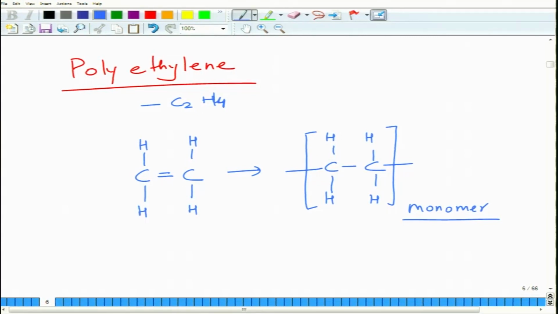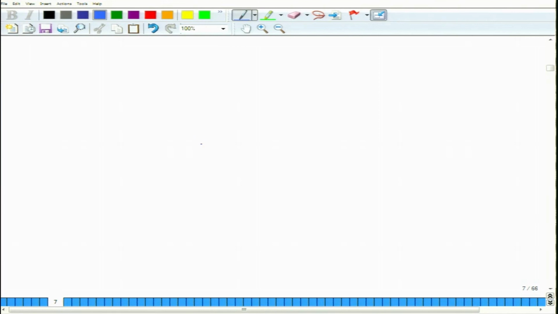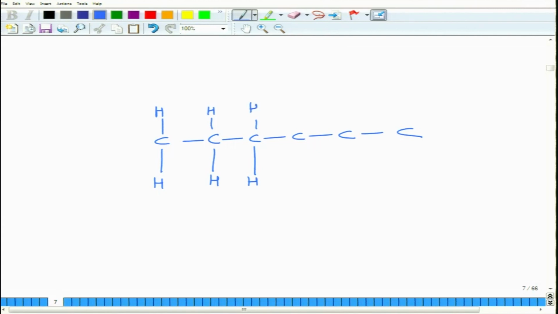And when you put many of these together, you can see the top and bottom are long and short, but they are unintentional.